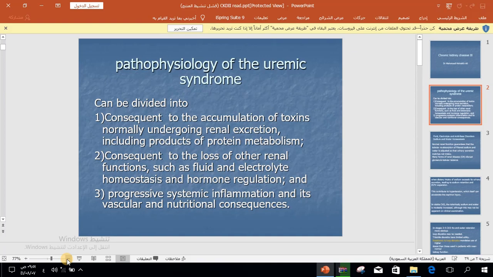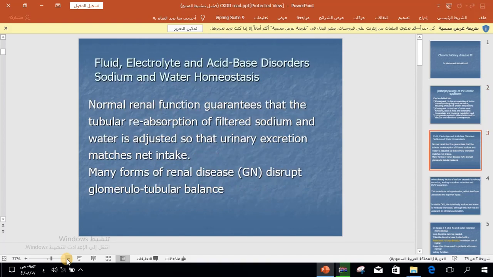The second cause of uremic syndrome is loss of renal function to maintain fluid, electrolyte and hemostasis and hormonal regulation. And finally, which is also important, CKD is considered a progressive systemic inflammation, with vascular and nutritional consequences, which we're going to speak about in this lecture.